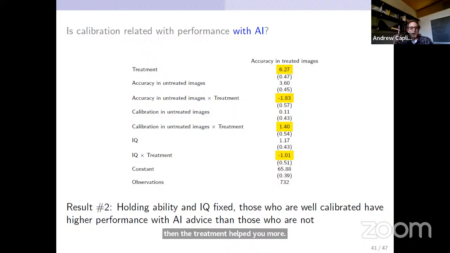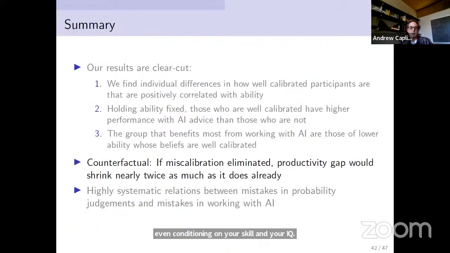The first finding is the standard one, that AI equalizes across skills, that you're helped more if you're low skill than if you are high skill, which is intuitive. And you're helped more if you're calibrated than uncalibrated, even conditioning on your skill and your IQ. And the biggest counterfactual is that the people who are helped the most are those who are low skill, highly calibrated.